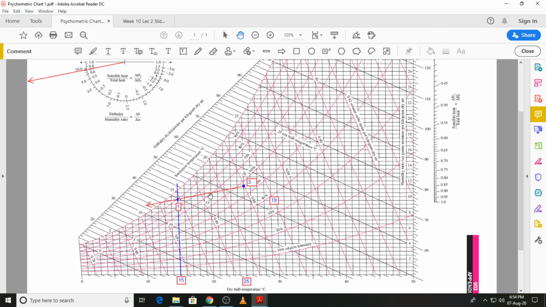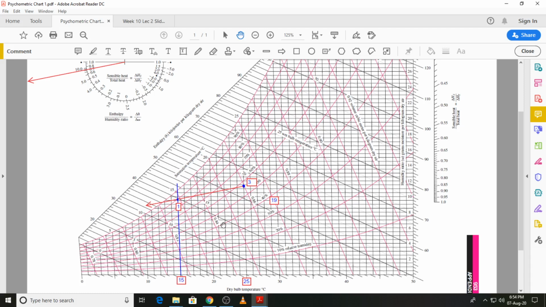Okay. So we've got the 2 states, one at the inlet, the other at the outlet. Once we had done that, the first thing we wanted to find out was the wet bulb temperature at state 1, and again you have to draw a constant wet bulb temperature line which passes through state 1. You can see those dotted lines over here.